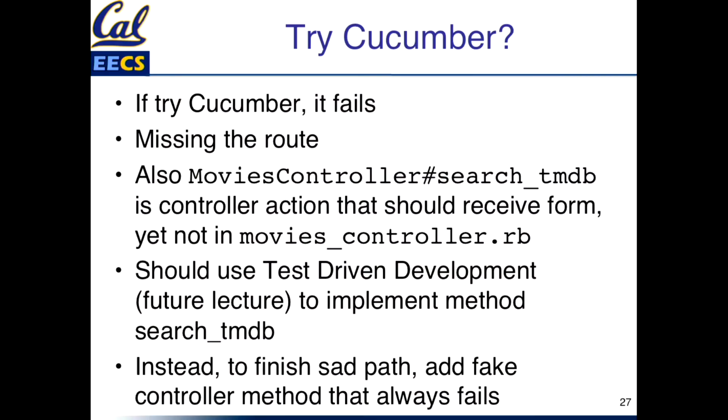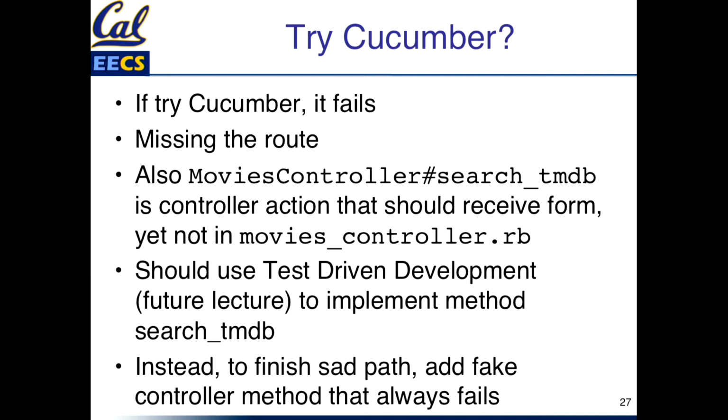Unfortunately, what you would really do is start using test-driven development, which we haven't talked about yet. So what we'll do right now is just do the sad path by having a fake method that's just going to always fail. This method will never find a movie, but it'll let the sad path pass.